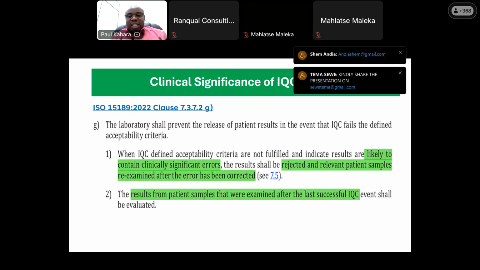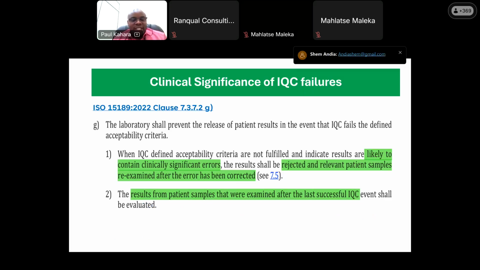Now, just to see exactly what the standard says, in part G of 7.3.7.2, in G1, when IQC defined acceptability criteria are not fulfilled and indicate results are likely to contain clinically significant errors, those results shall be rejected and the relevant patient samples re-examined after the error has been corrected.